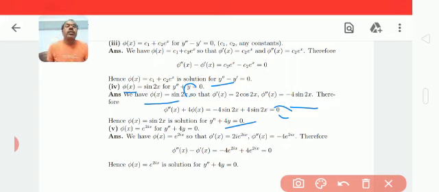Last one, the function is the exponential function, which is a complex exponential function, and we have to see that it is a solution of the differential equation y double dash plus 4y is equal to 0. So let us see how to verify it. So differentiate the function phi of x twice.